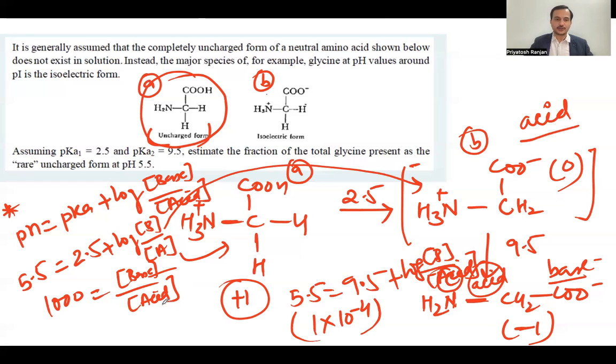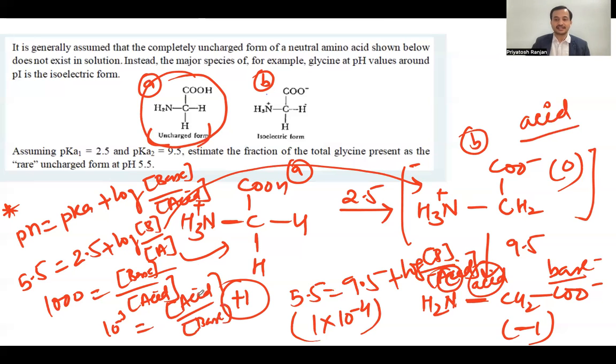So what I'll do, I will change one of them. I hope you all are getting this, because I'm keeping one thing constant, which is the isoelectric species, because that is the one which is going to be present in the major fraction. So if I inverse this one, this is going to be 10 raised to the power -3 equals acid upon base.